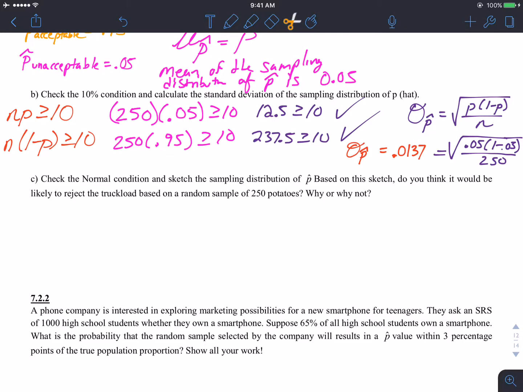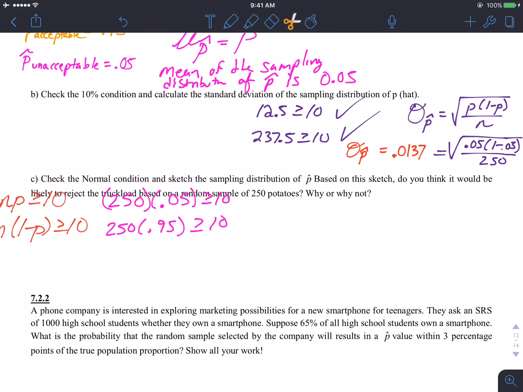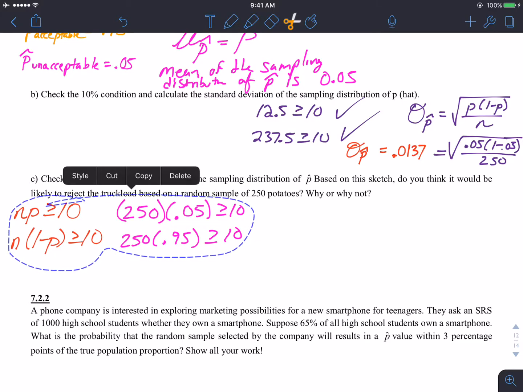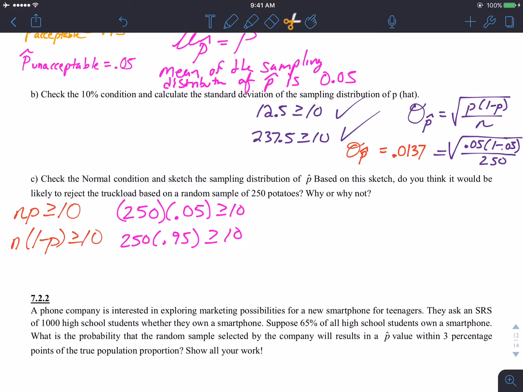This is what we want to check, and because of that we could say, hey, this is normal. Do you think it's likely to reject a truckload based on a random sample of 250 potatoes?